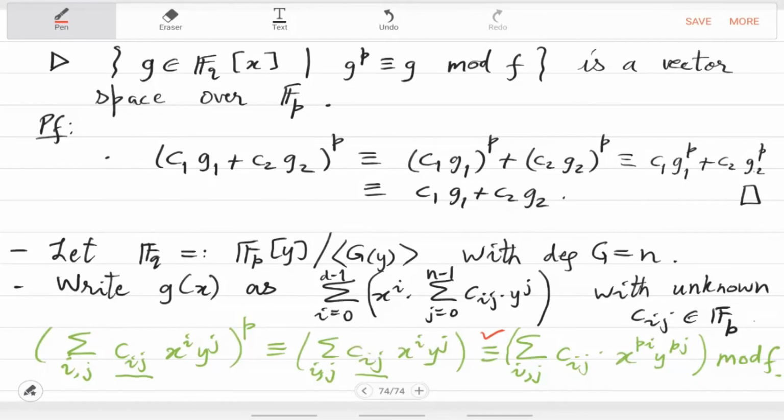You reduce x to the p to the i to degree below d, and you reduce y to the p to the j to degree below n, and then you compare the monomials on both sides. Those are two representations, but when they are in reduced form, they have to be the same. So when you compare the monomials, you will get many constraints. But they are all linear constraints, so you solve the linear system.